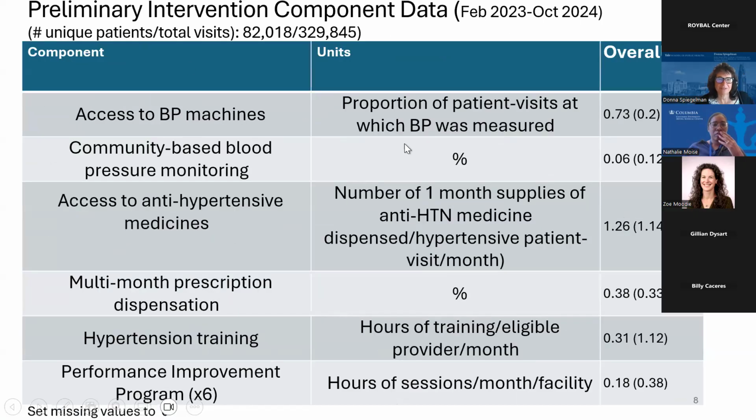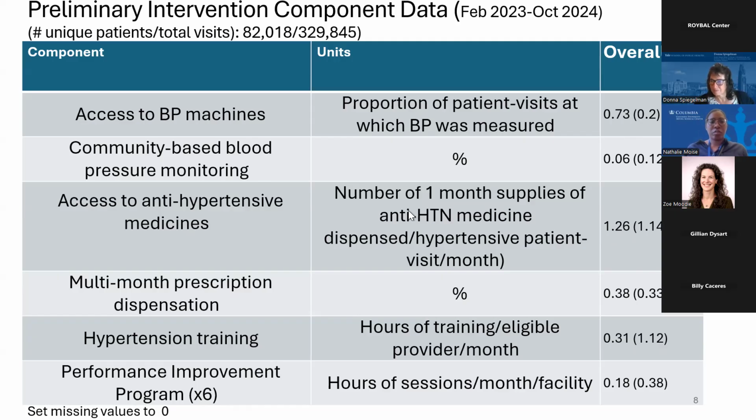So we found that overall, 73% of patients had their blood pressure measured. Only 6% had their blood pressure monitored in the community. Hypertensive patients got an average of 1.3 monthly supplies of medicine.